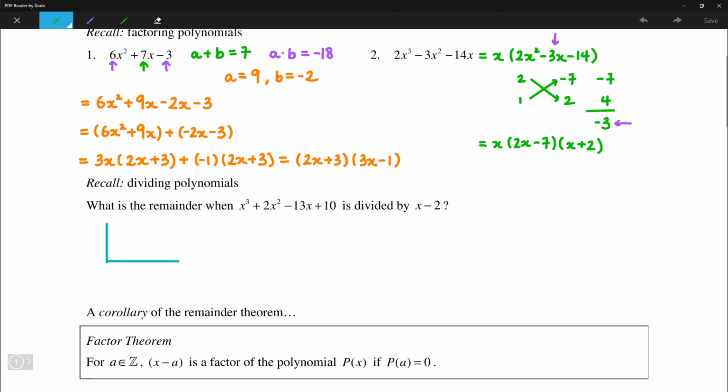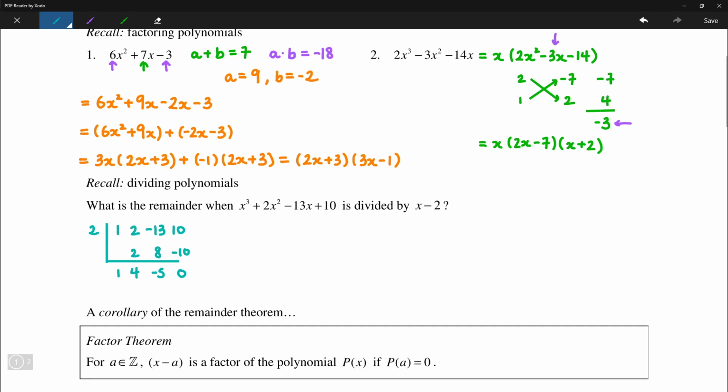So of course, here we have 2 on the left hand side, and then the coefficients 1, 2, negative 13, and 10. So 1 gets carried straight to the bottom. 2 times 1 is 2, 2 plus 2 is 4, 2 times 4 is 8, and then negative 13 plus 8 is negative 5. 2 times negative 5 is negative 10, 10 plus negative 10 is 0.